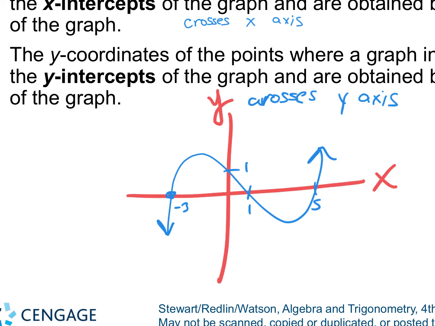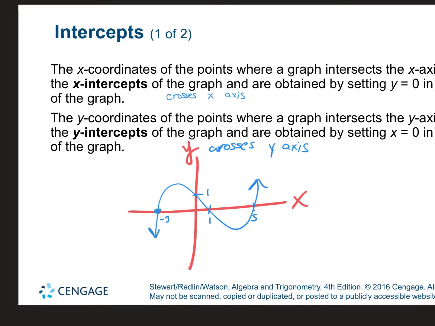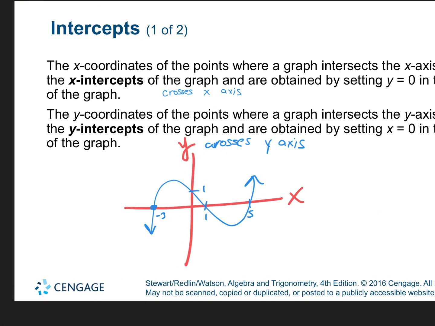We're going to obtain the x and y intercepts algebraically by plugging in numbers. If you try to find the x-intercept, you plug in 0 for y. A lot of times it makes you have to factor. If you're trying to find the y-intercept, you plug in 0 for x. Make sure you write this down, please.